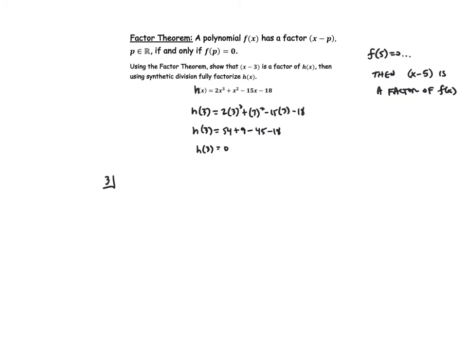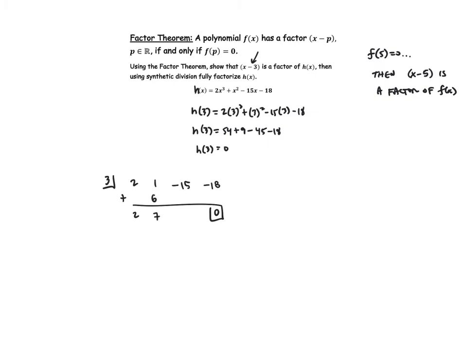So here's a 3, for x minus 3. I'm going to use the coefficients 2 and 1, and negative 15, and a negative 18. All right, I'm going to go ahead and set this up. Drop the 2. I'm expecting a 0 here. Multiply 2 and 3, I get 6. That gives me a 7.